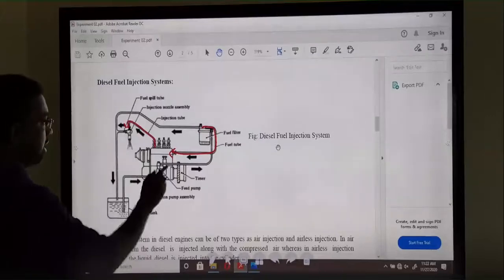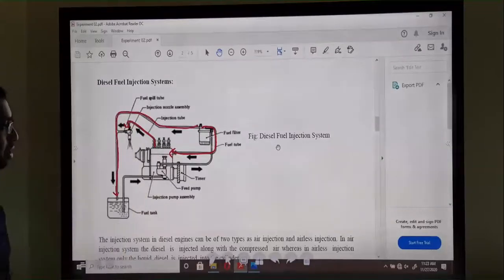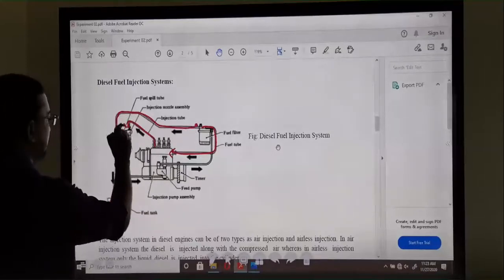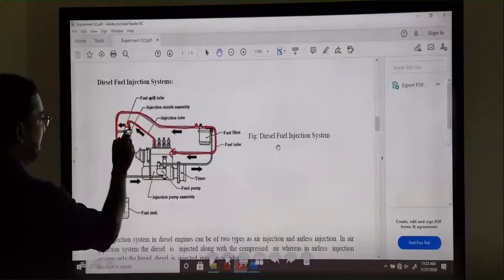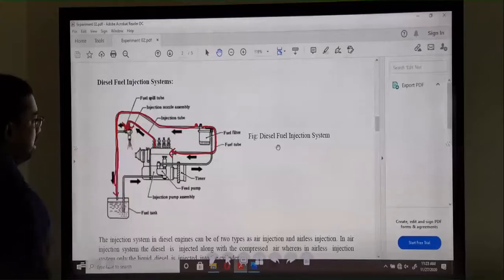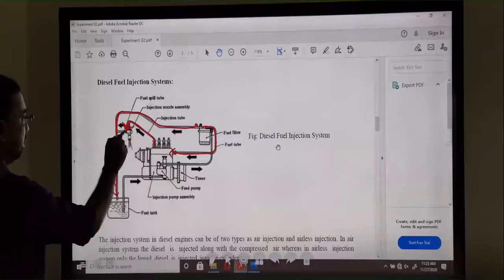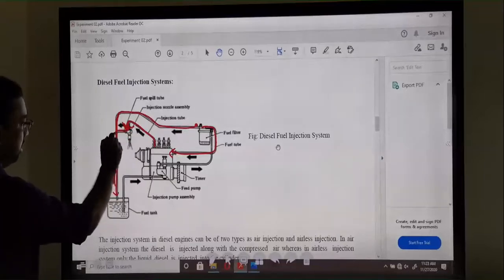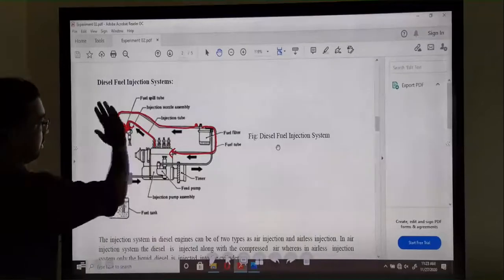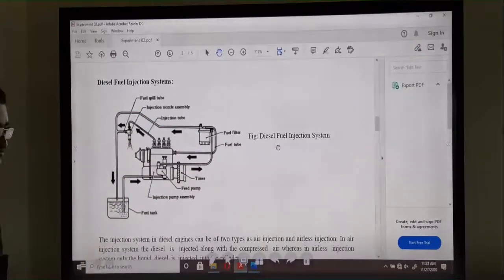There is a return line that returns the remaining fuel. Sometimes the excess or remaining fuel returns from the injector through this line. So this is the return line.